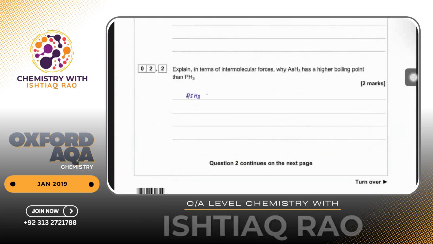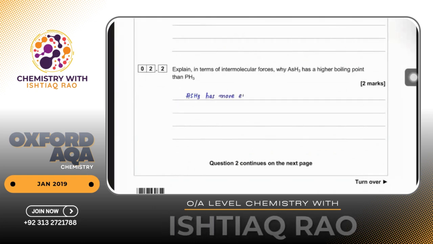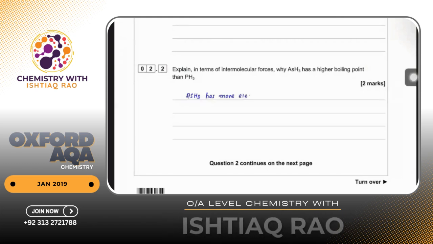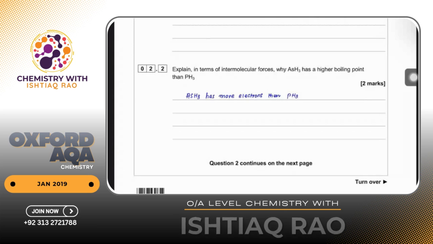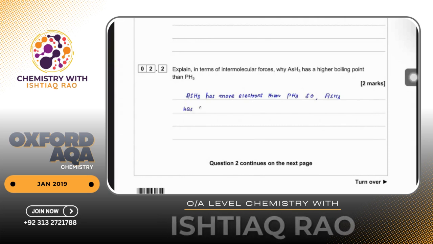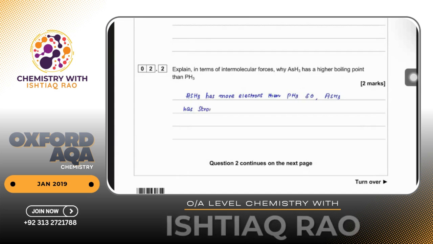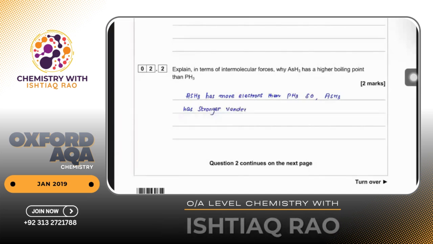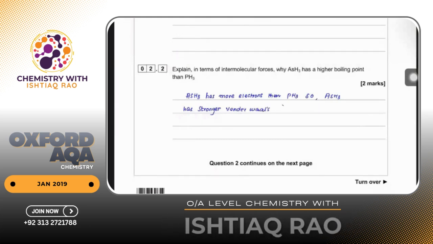AsH3 has more electrons than PH3, so AsH3 has a stronger van der Waals force of attraction.